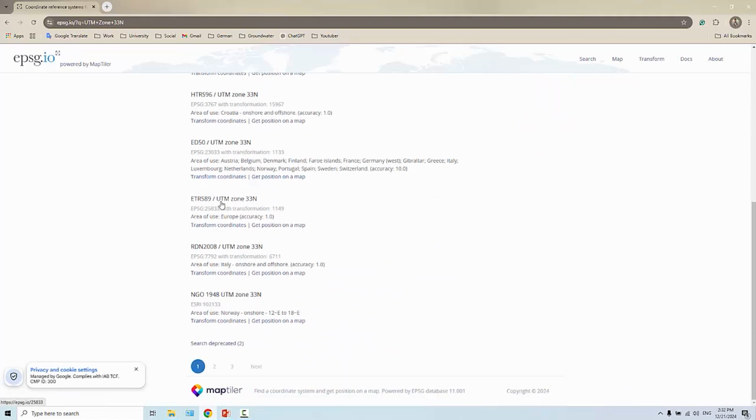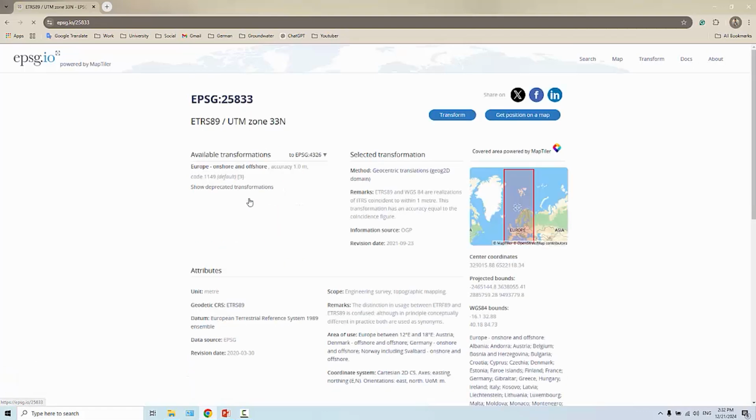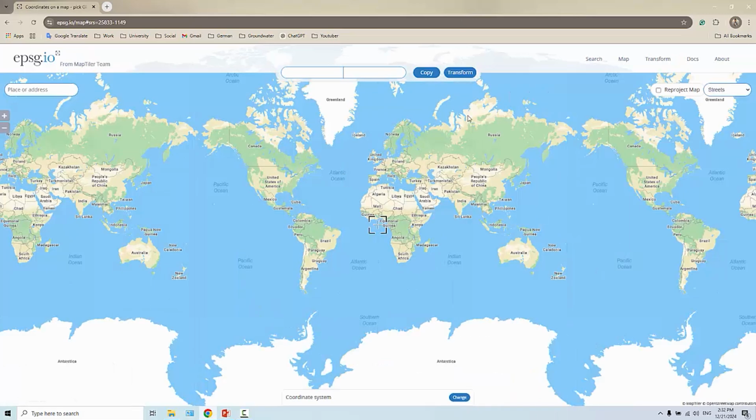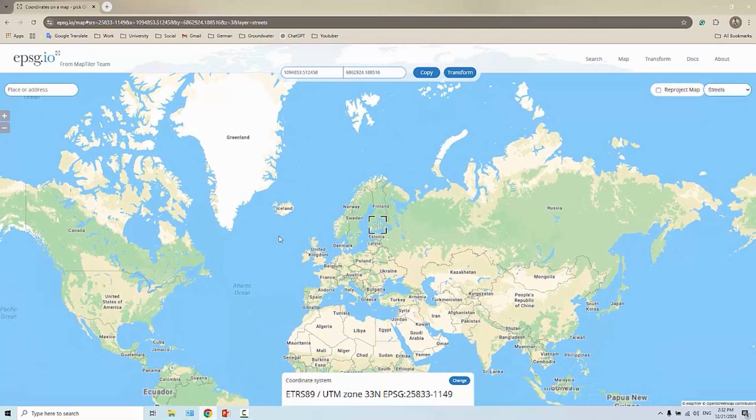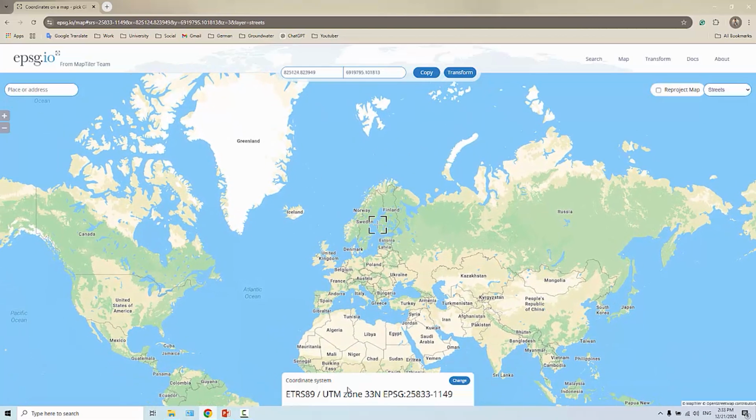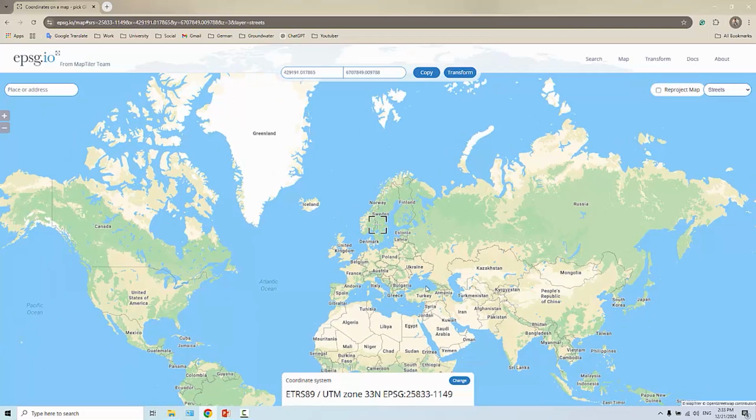Yeah, this is the one. This is ETRS UTM zone 33N, which is the eastern part of Germany. Here again, there is some information about this coordinate system, and if you click on the map, you can get the coordinate of any point on the map according to this coordinate system.